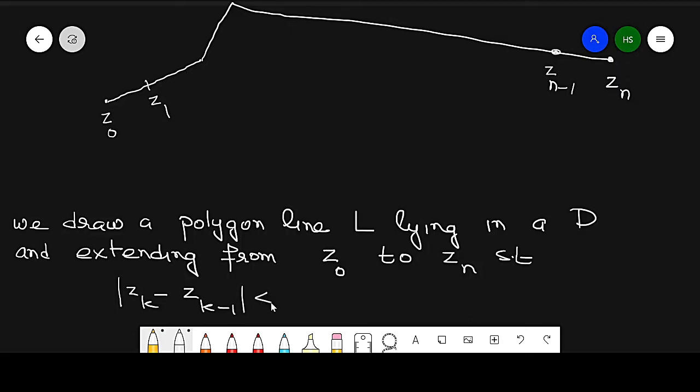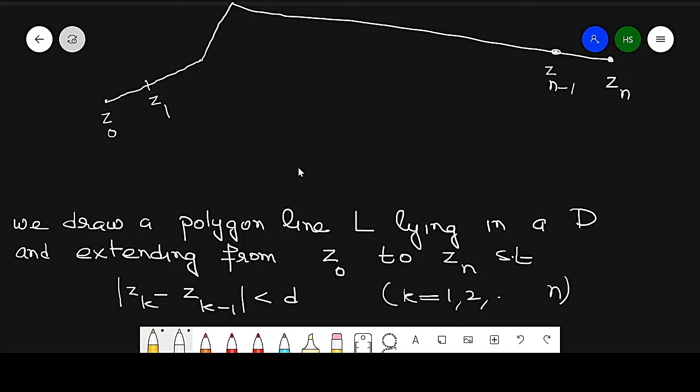So the difference between these two points is less than small d, where k runs from 1 up to n. It means this difference is less than d, and the difference with the next point is again less than d, and so on.